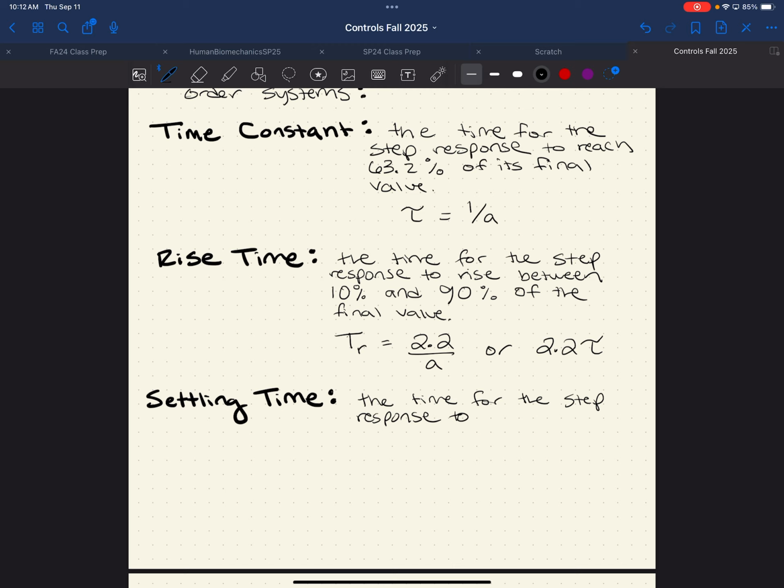What do you think the settling time has to do with? The long time behavior. So how does this thing behave as time extends into infinity? So the time for the step response to reach and stay within 2% of the final value.